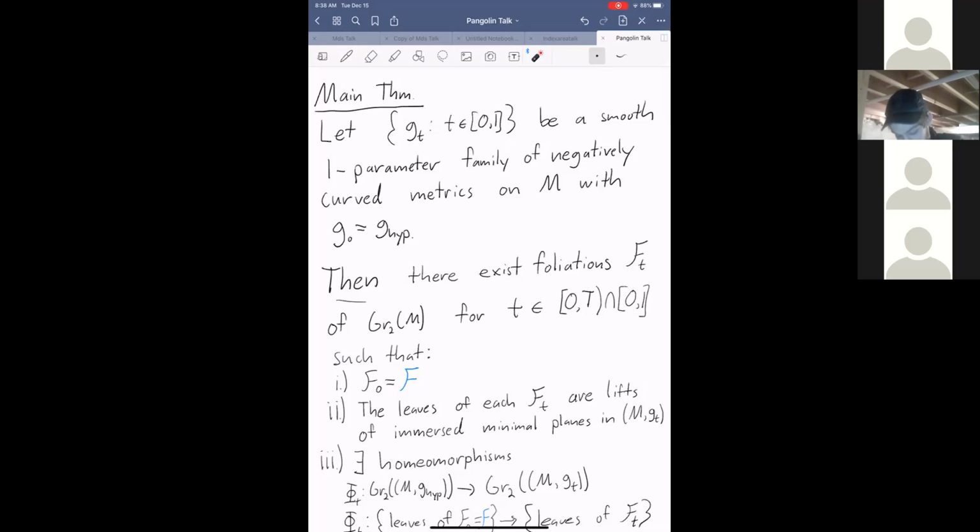So basically these homeomorphisms conjugate the foliation blue F to the foliations that we construct, sending leaves to leaves. Cool, so that's pretty much the statement of the theorem.